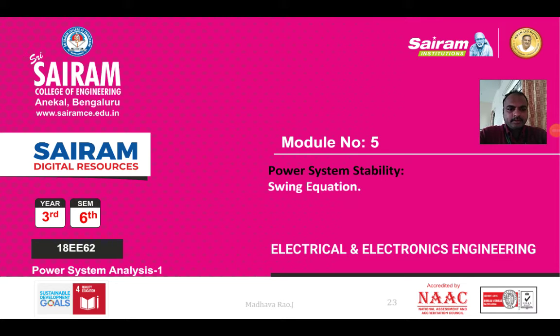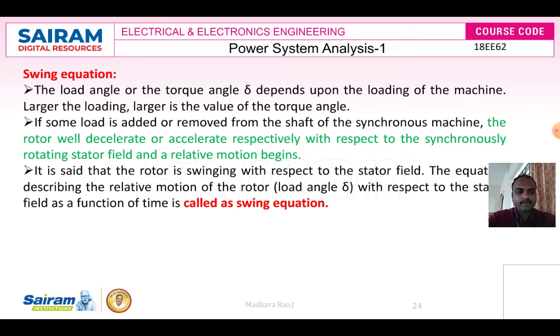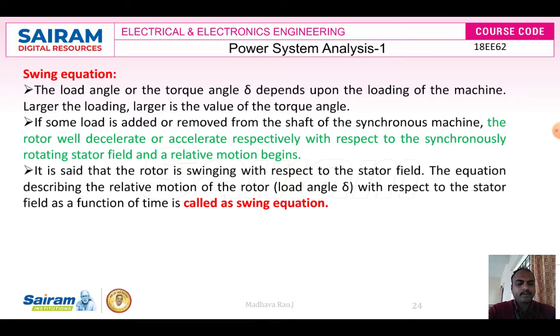Dear students, in this video you will learn about the swing equation of synchronous motion. The swing equation represents the relative motion between rotor and stator. When the load increases, the rotation of the rotor will decrease, but in a synchronous machine the rotation should be constant.